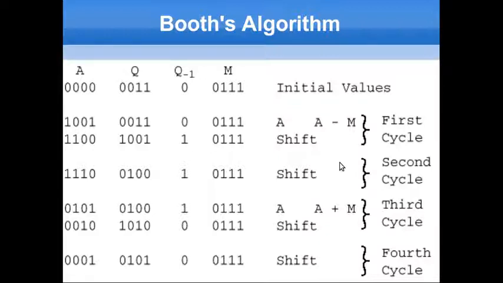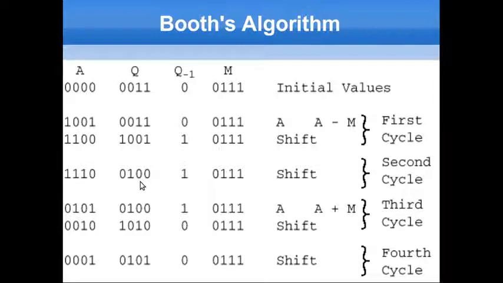So this means that in this cycle we will not perform an addition or subtraction, but we will perform a shift. Again, we want to preserve the integrity of the data stored in this column, so we keep a 1 in this place, we shift the other 2, and make the least significant bit 0, the most significant bit here, and make what was the least significant bit of Q the most significant bit of Q minus 1.